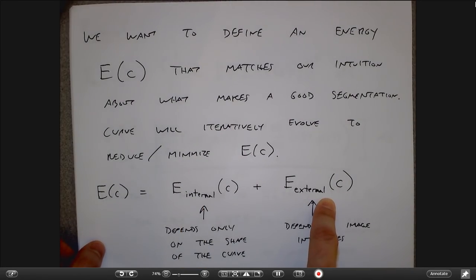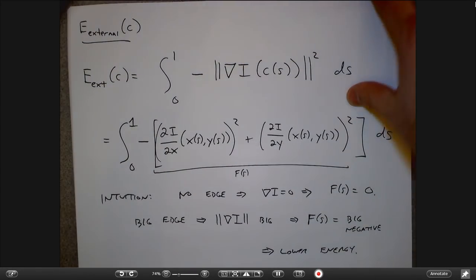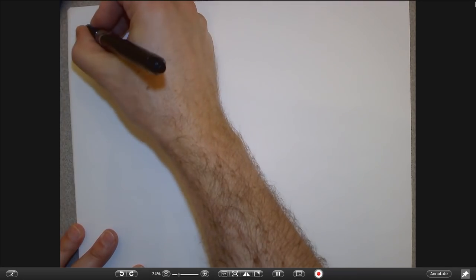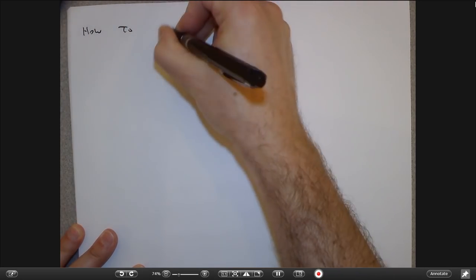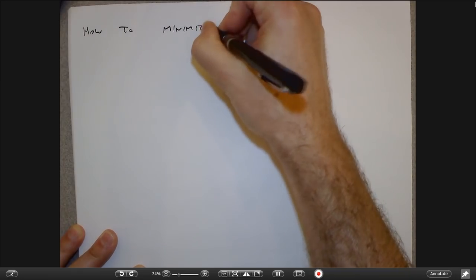Now I need to minimize this, right? That's the whole point, that every step I want to make that number smaller. So now the next question is, how to minimize this.